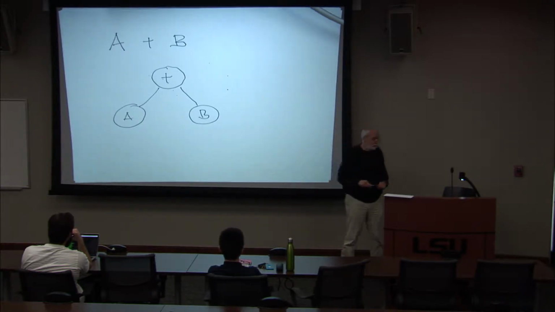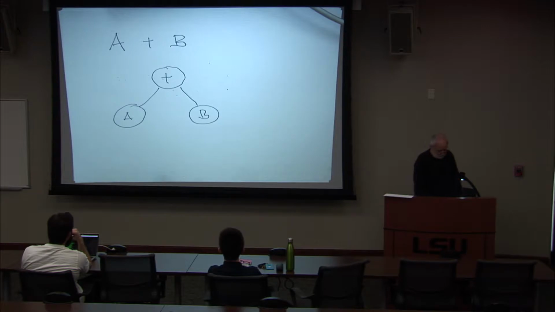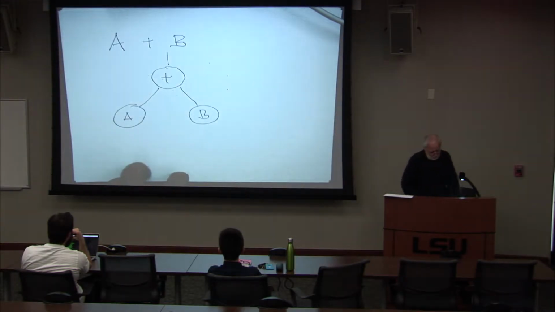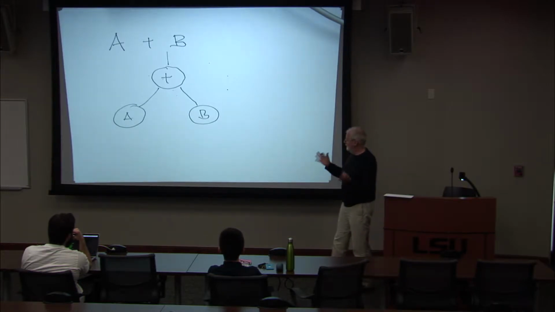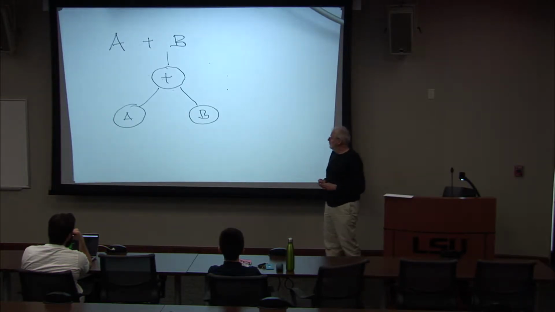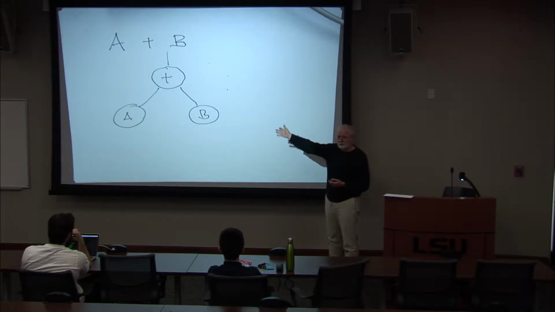The other thing I would like to discuss is, when we have built such a tree or such a data structure in memory, how is it evaluated? How can we extract the result from the evaluation of such a tree if A is 1 and B is 2?